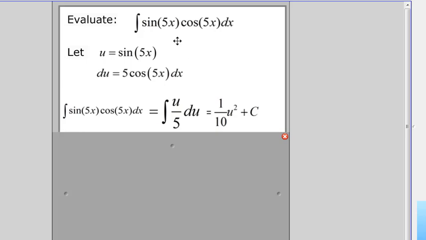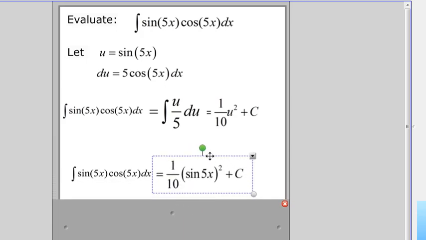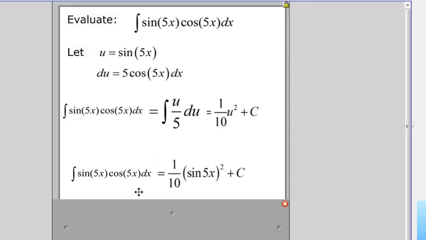By changing this into another variable, the expression inside the integral is very simple. Now the only thing we have to do is to replace u by sine of 5x. So this expression is the integral of sine 5x cosine 5x dx.